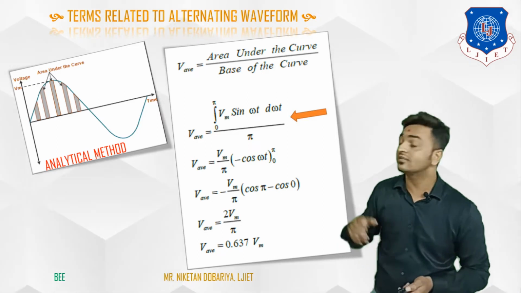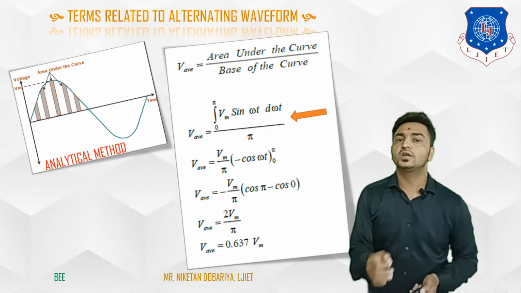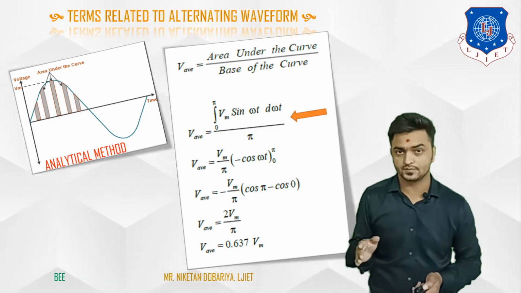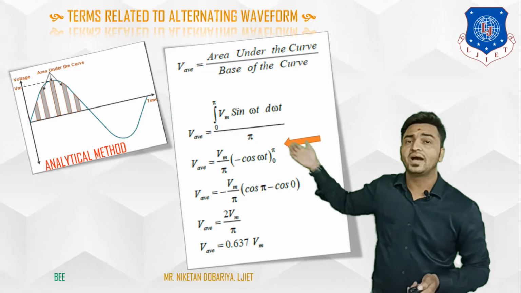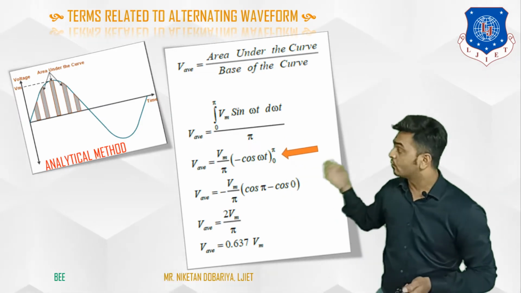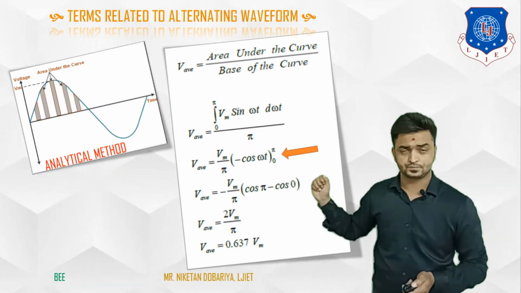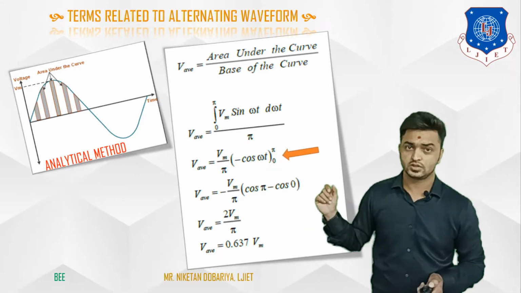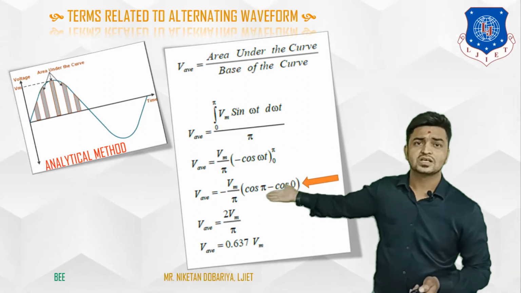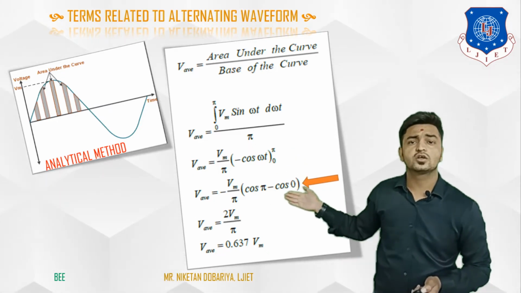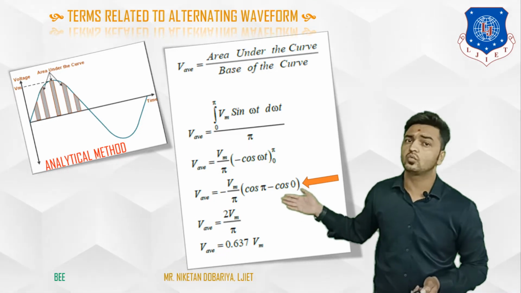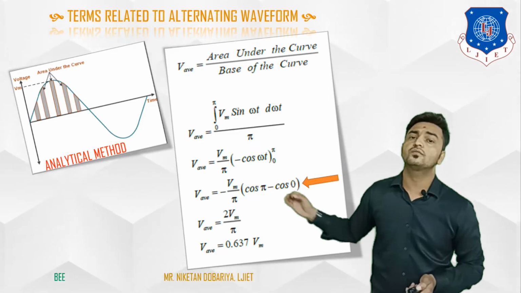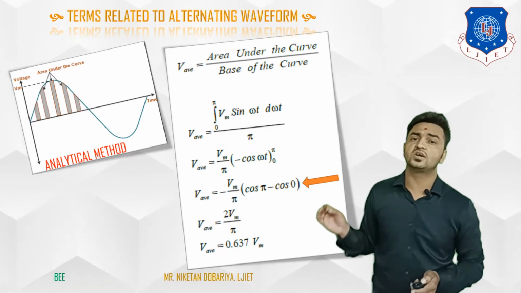So when we integrate sin omega t, that will provide minus cos omega t. If we put minus cos omega t with the limits 0 to pi, the first term will be cos pi and the next term will be cos 0. We know the value of cos pi is minus 1, and the value of cos 0 is plus 1.